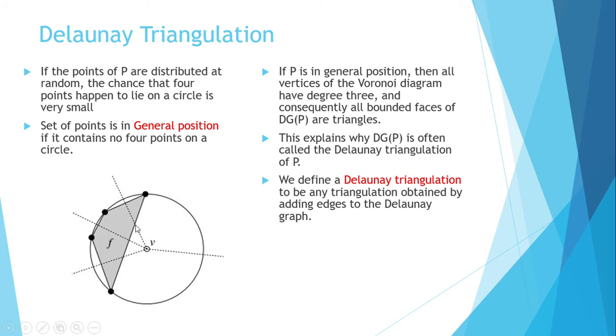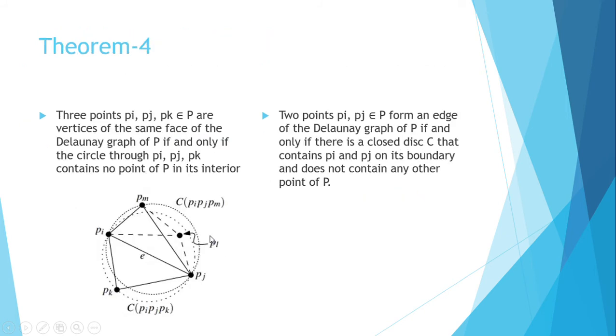That is adding extra edges. We'll see that soon. This is another theorem. It is equivalent to the one for Voronoi diagrams, slightly altered so that it can be applied to the Delaunay graph.